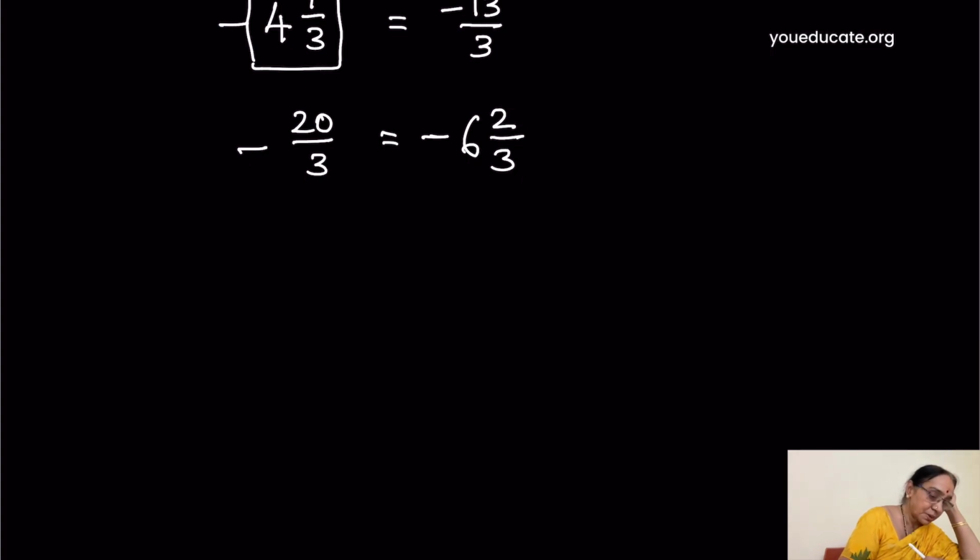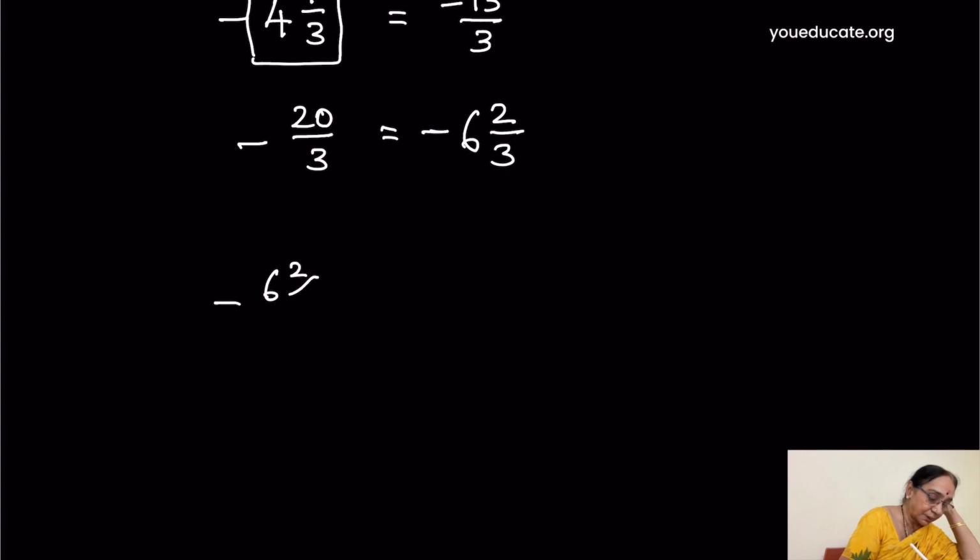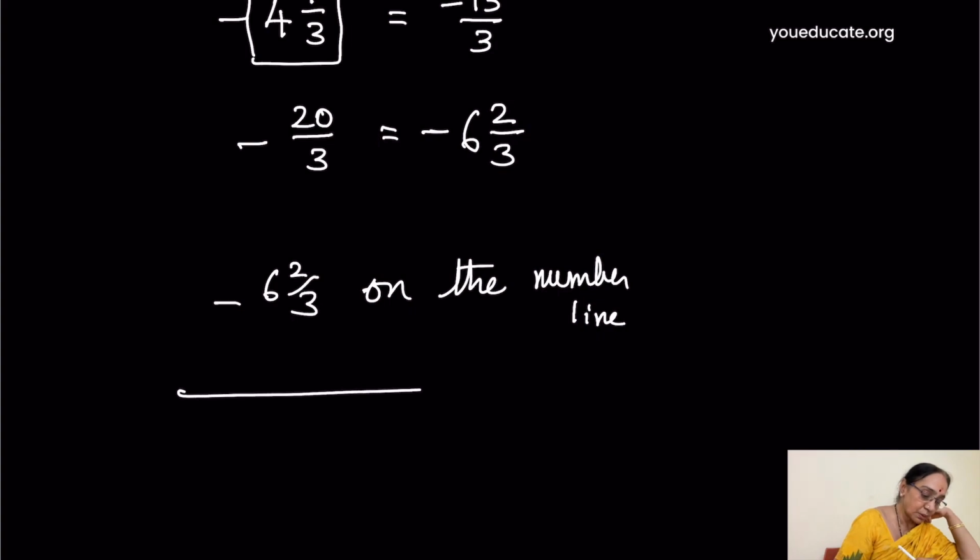Now, I want to see where this negative 6 and 2/3 is located on the number line. When you have the number line, it is below 0, so it's to the left of 0.